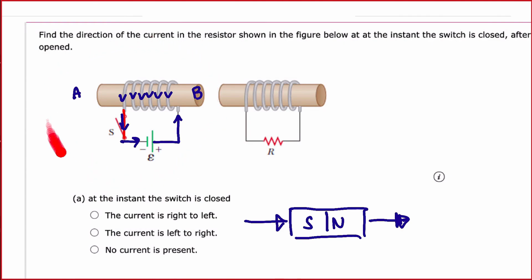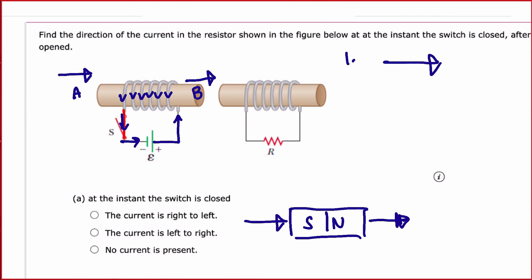Because B is the North Pole, this is the magnetic field on that side. So as far as the solenoid on the right is concerned, the magnetic field that it is exposed to is directed to the right. That is our number one.